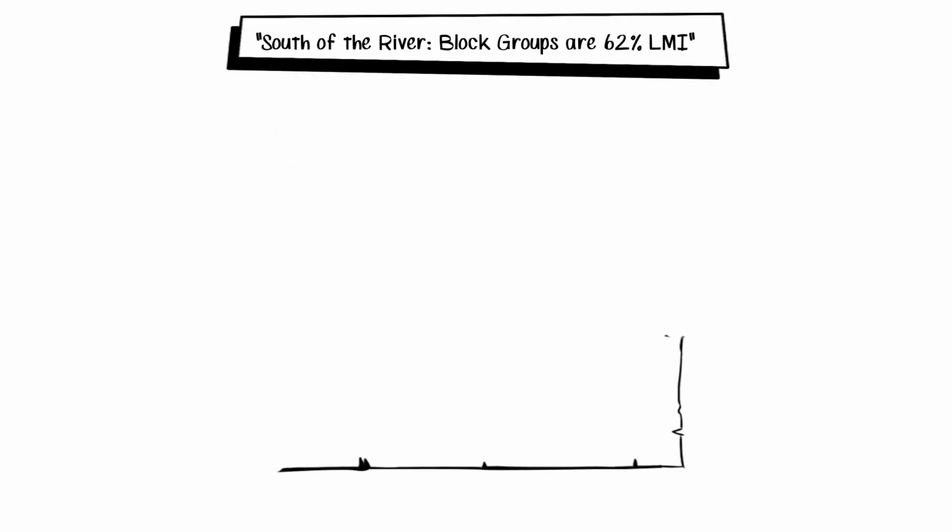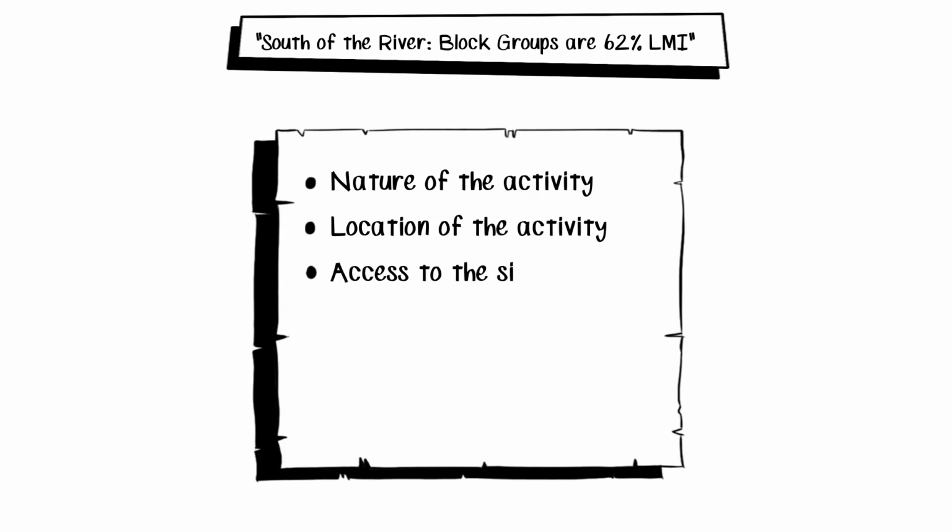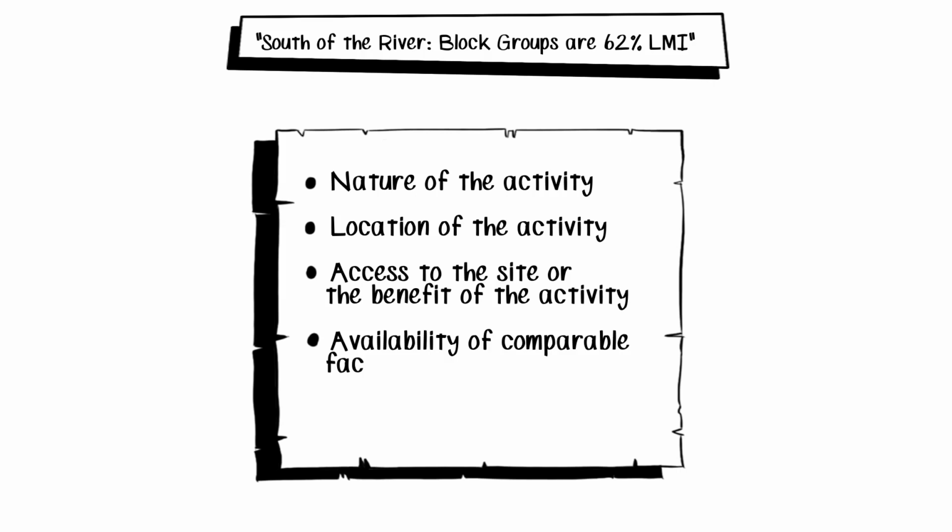There are 5 factors to consider when determining an activity service area: the nature of the activity, for instance, what is the activity, who will this activity benefit; the location of the activity, where is the activity physically located; access to the site or the benefit of the activity, for instance, can all residents of the designated service area reasonably access the site or the benefit of the activity; availability of comparable facilities or services in the jurisdiction, for instance, where are other comparable sites or services located; and boundaries.